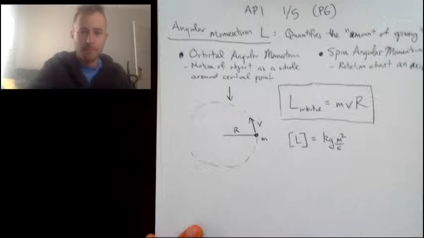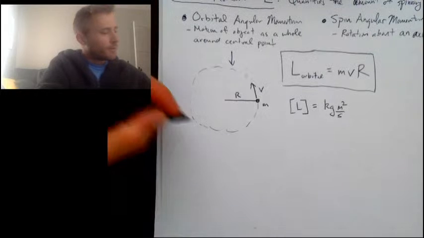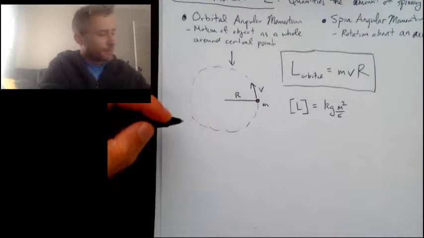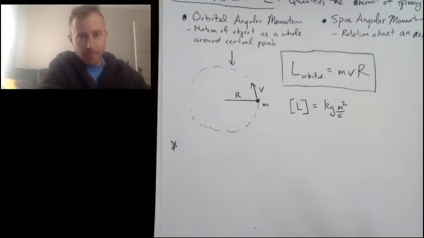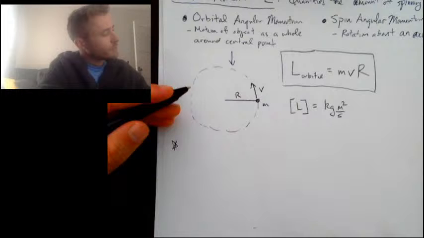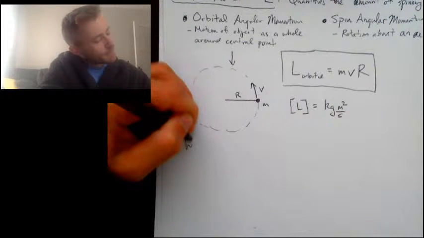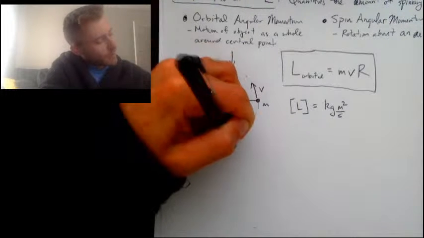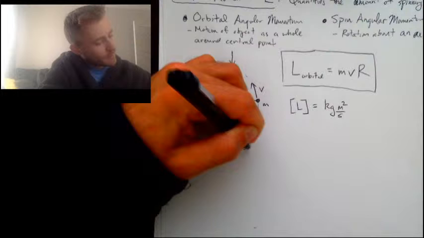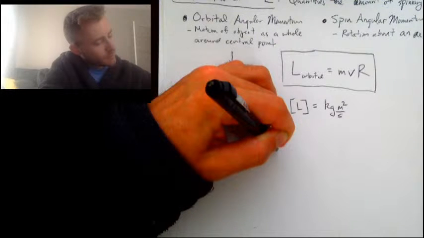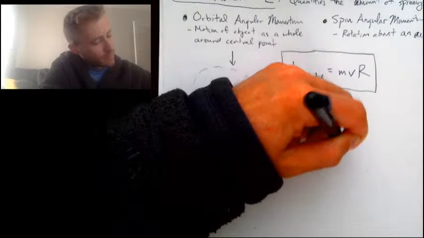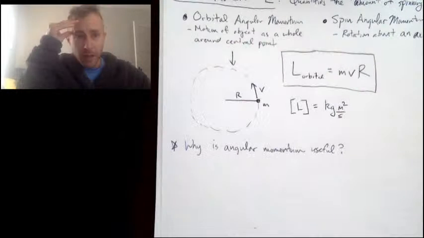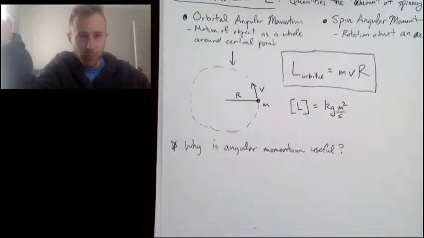Okay. So what I want to talk about, and we're going to come back to spin angular momentum, is why is angular momentum useful? Why is angular momentum a useful thing to talk about?